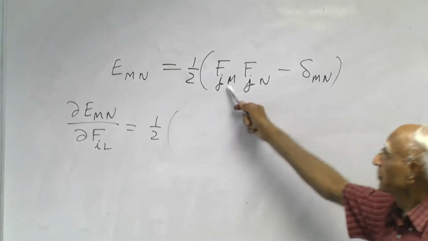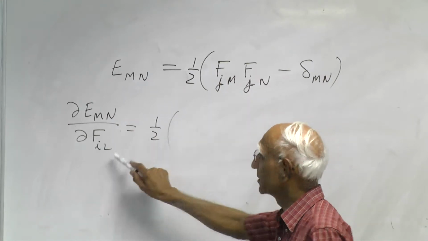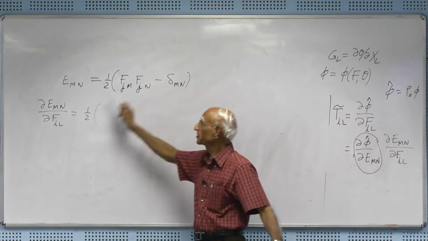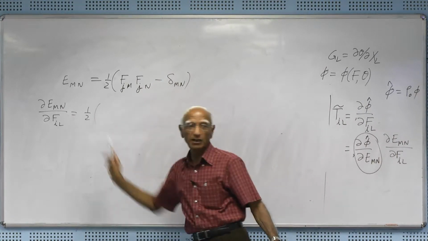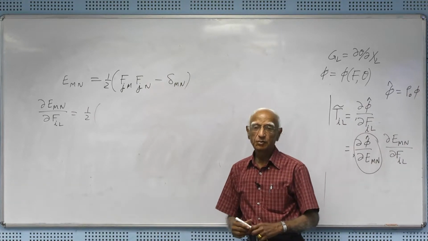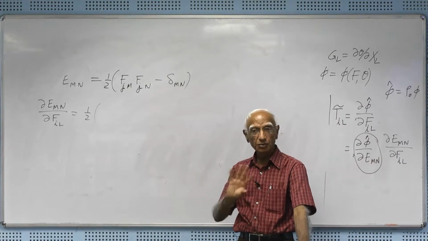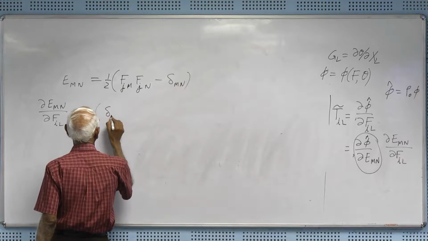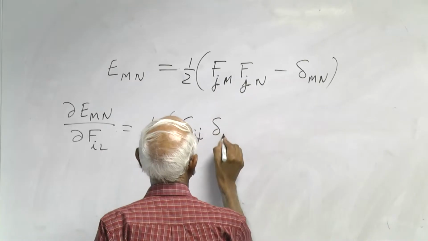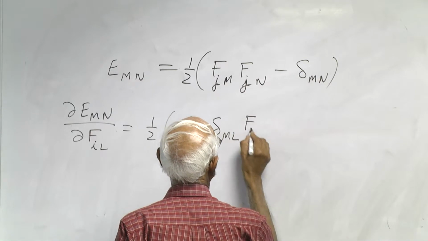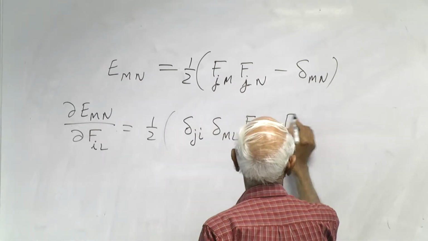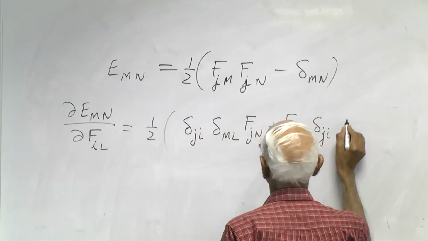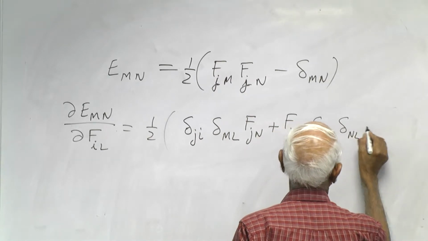So J must equal I and M must equal L. Otherwise, you will get 0. So if you differentiate F11 with respect to F12, you will get 0. So that means delta_JI delta_ML F_JN plus F_JM delta_JI delta_NL, minus 0.